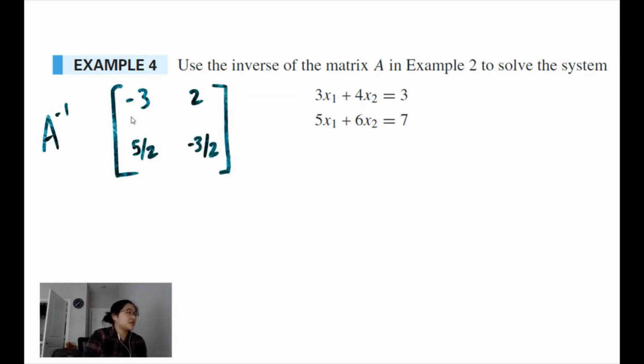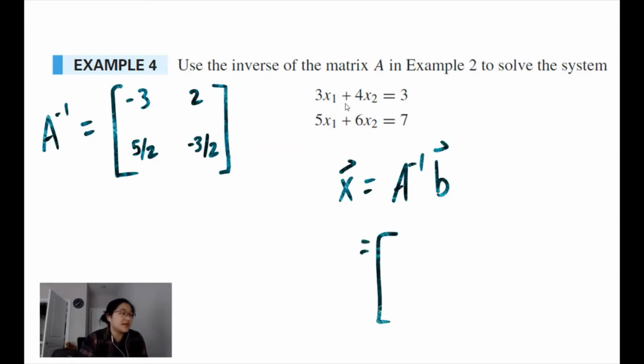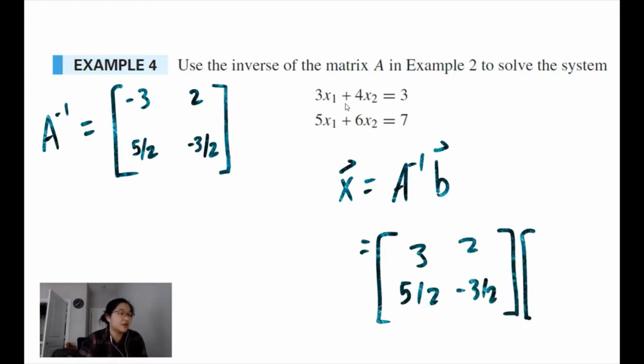We can use this to solve our system here by just finding x equals A inverse times b. So what is that? That's 3, 2, 5 halves, negative 3 halves, times our b, which is 3, 7. So pause the video, crunch that out, and let's see if we agree.